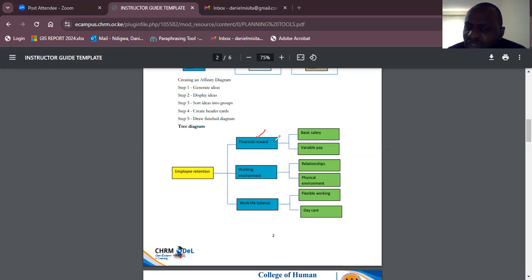So once you have the financial reward, it means you'll be able to increase their basic salary and also any other variable pay, for example, overtime or maybe allowances. So that is one of the criteria that they can use to retain employees.